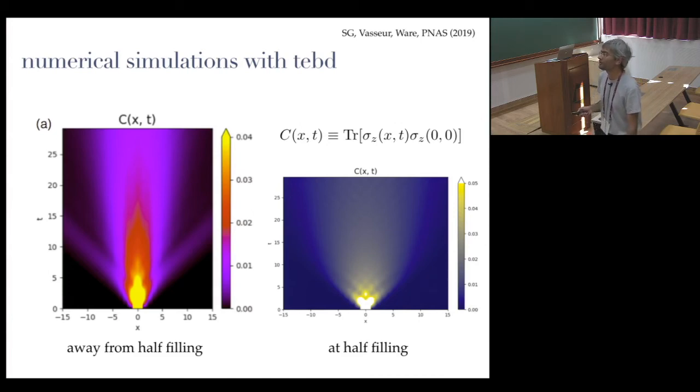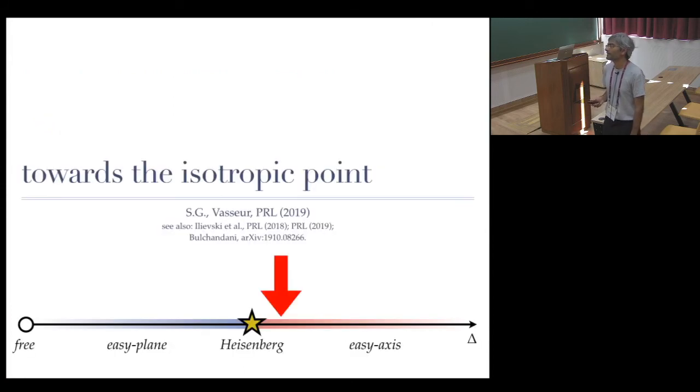Eventually, as you go to half filling, all that stuff dies out, and all you have left is the big diffusive blob at the origin. Okay, so that's how the ballistic part of the motion vanishes in the half filling limit of the XXZ spin chain.